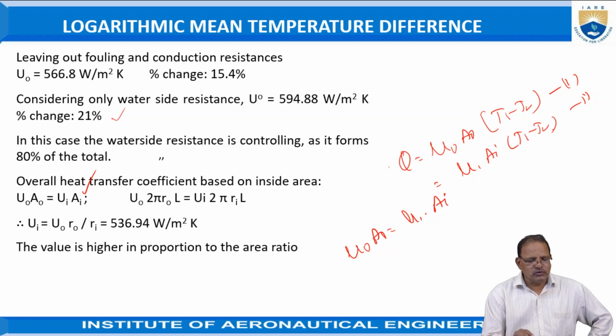The surface area is 2 pi r naught L, which equals U i into 2 pi r i L, where r i represents the inside radius of the wall and r naught the outside radius. So U i is equal to U naught r naught divided by r i, which is equal to 536.94 watts per meter square per degree Kelvin. The value is higher in proportion to the area ratio.